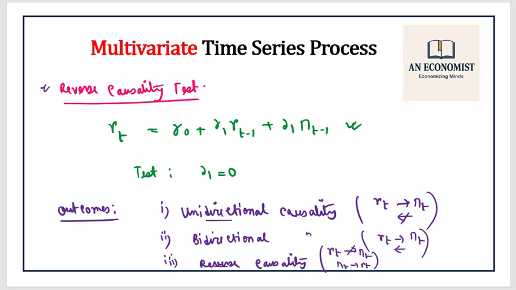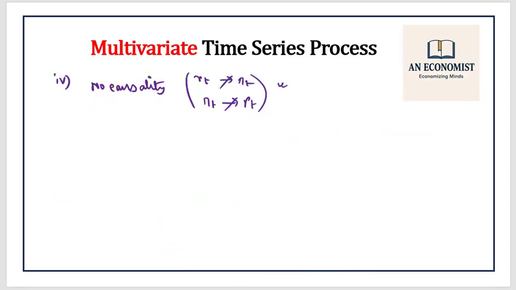Once you have the causality test, you can also do the reverse causality test, exactly by reversing RT and pi t. The dependent variable will become independent and the independent will become dependent. You follow the exact same test that I have shown you to find out whether there is only unidirectional causality, bidirectional causality, or no causality at all. So this is what I wanted to share in today's video.